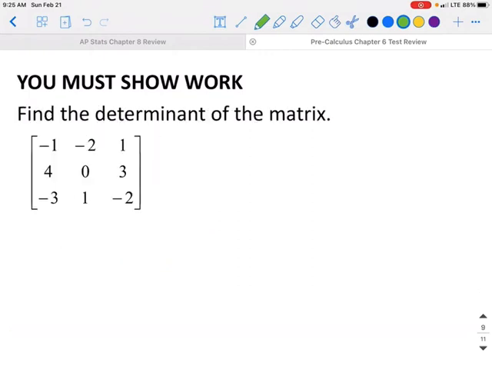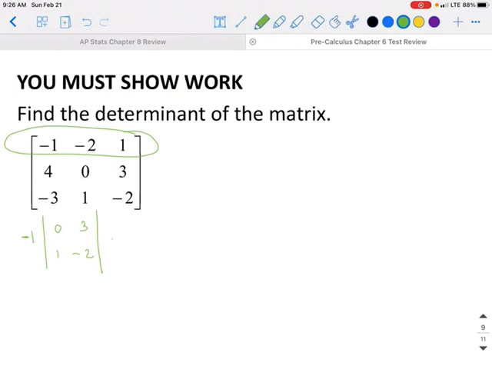Find the determinant of the matrix. You must show your work. So remember, the stuff at the top is going to be what's left outside. So we're going to start with negative 1, and we're going to find the determinant of, since I used the negative 1, we're going to ignore that column for right now, and you're going to write down all the other elements. So 0, 3, 1, and negative 2.